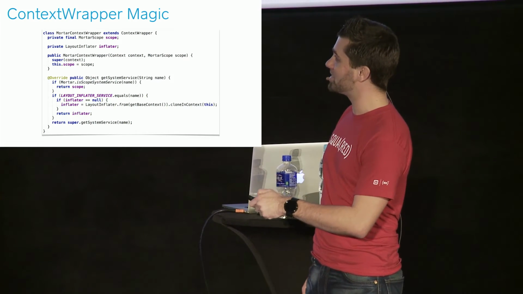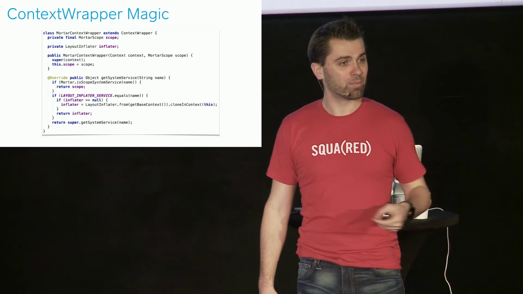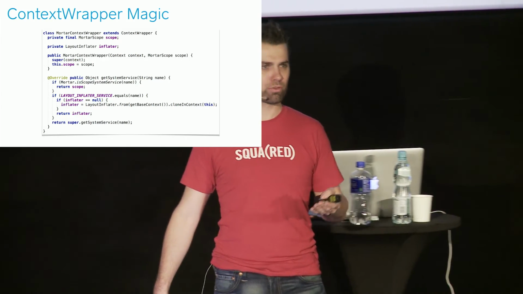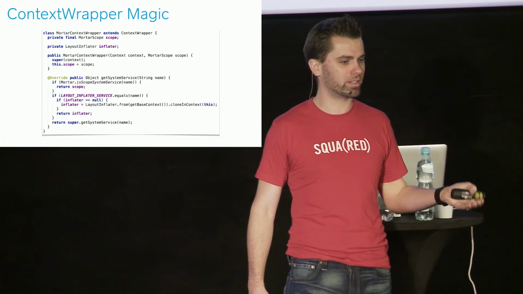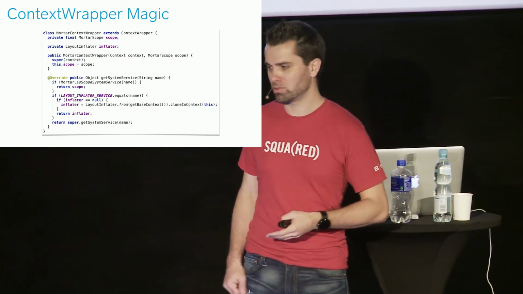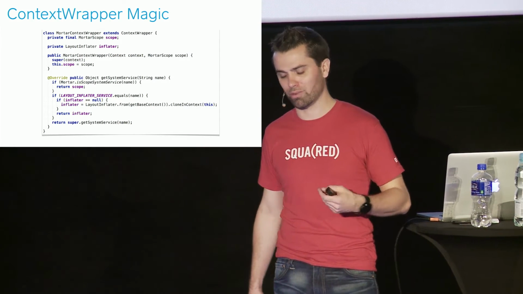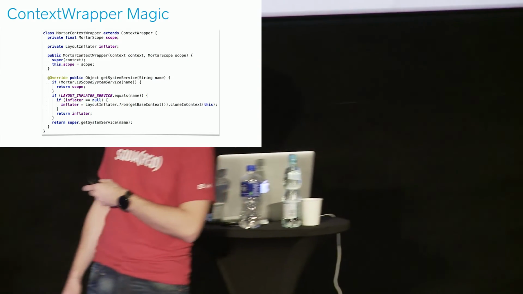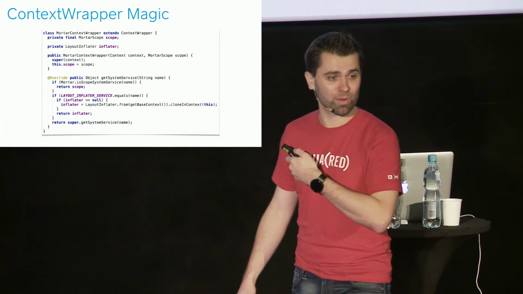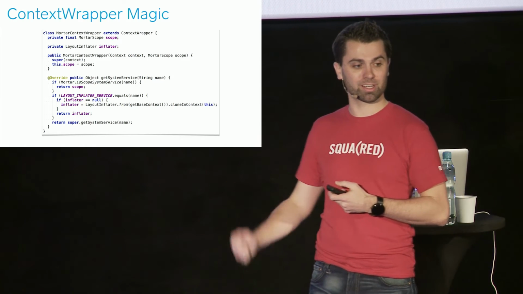And then we also have this little bit of magic here, which is if you're asking for the layout inflator, because I don't know if you've noticed, but there are like 3 or 4 ways to get a layout inflator in Android. You can do LayoutInflater.from(context). You can do getSystemService(LAYOUT_INFLATER_SERVICE), and you can do view.getLayoutInflater. Maybe, I'm not sure. But anyway, in the end, it's always going through the context and asking the context, give me the layout inflator system service.